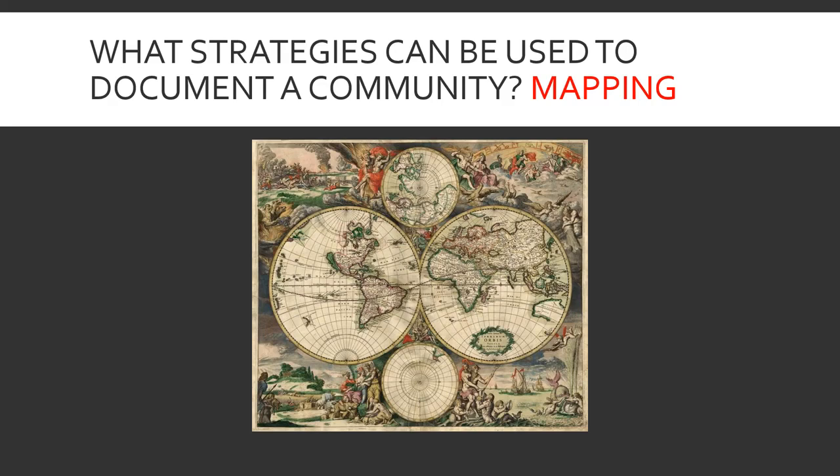This is a strategy that an archive of any stripe is going to want to do pretty early on in the process of an attempt to document a community, simply because it's going to provide you with an understanding of which aspects of a community are or may be particularly important, and thus perhaps more likely to contain information that is archival and is a vital part of a community and of a community's identity.